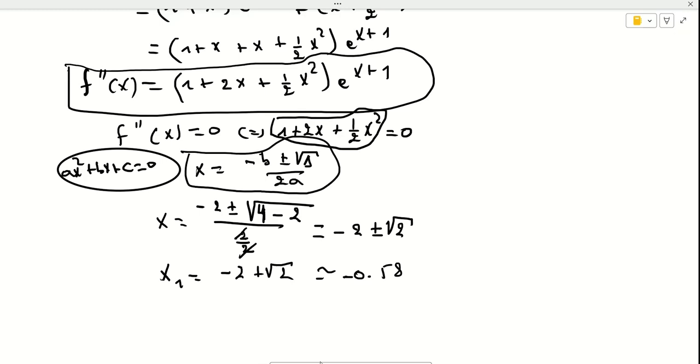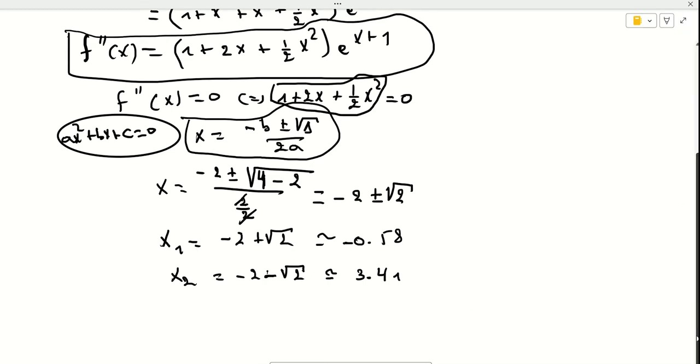And the other point x2 is equal to minus 2 minus square root of 2, and this is approximately equal to minus 3.41.